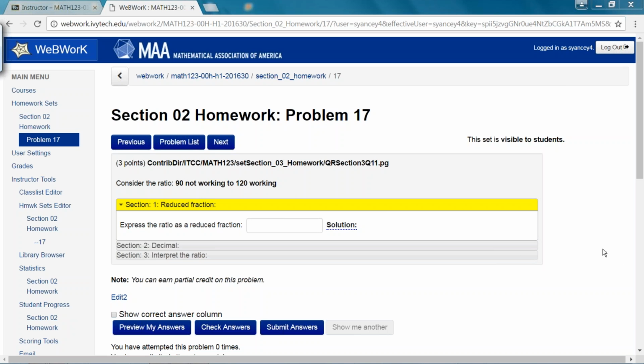If you're staying for this, it says consider the ratio 90 not working to 120 working. Express the ratio as a reduced fraction. So what goes in our numerator? Which one is first? 90 over 120. Now you can put it in your handy dandy calculator and reduce it, or you can do it by hand.